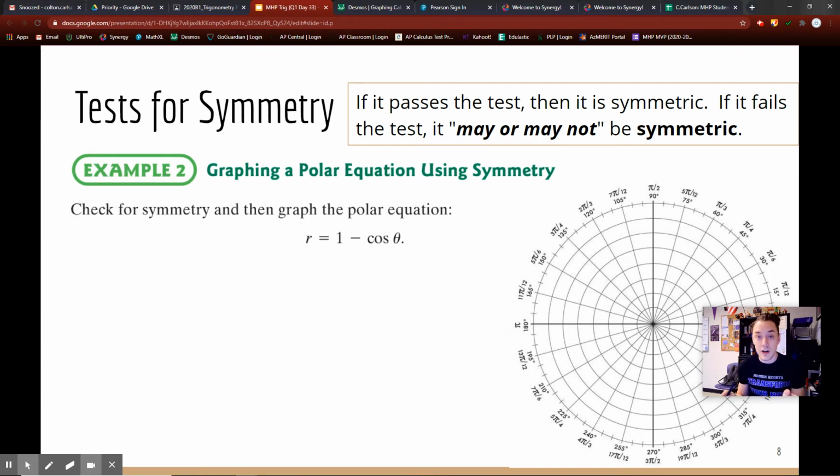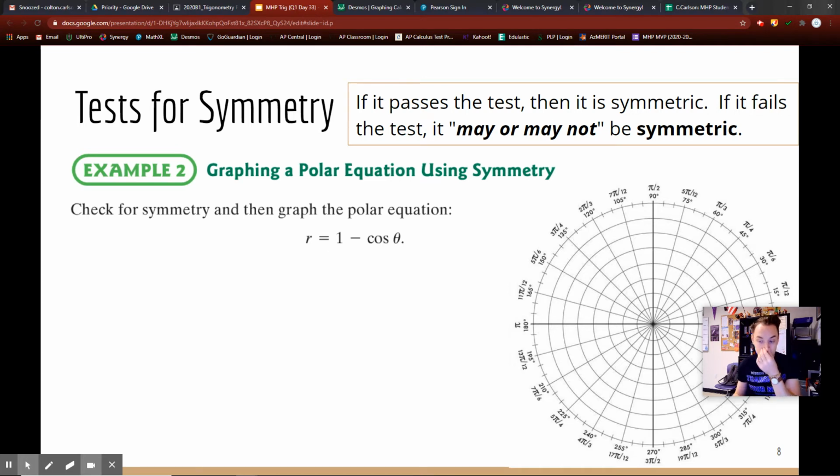You can never conclude no. Now, obviously, we can graph it, right? And then you're probably thinking, if we can graph it, we can tell whether or not it's symmetrical, Mr. Carlson. Yes, but Math Excel will not want you to graph it to find symmetry. It wants you to use the test to find the symmetry, not the graph. So it'll never be a no on Math Excel. It'll either be yes or maybe.